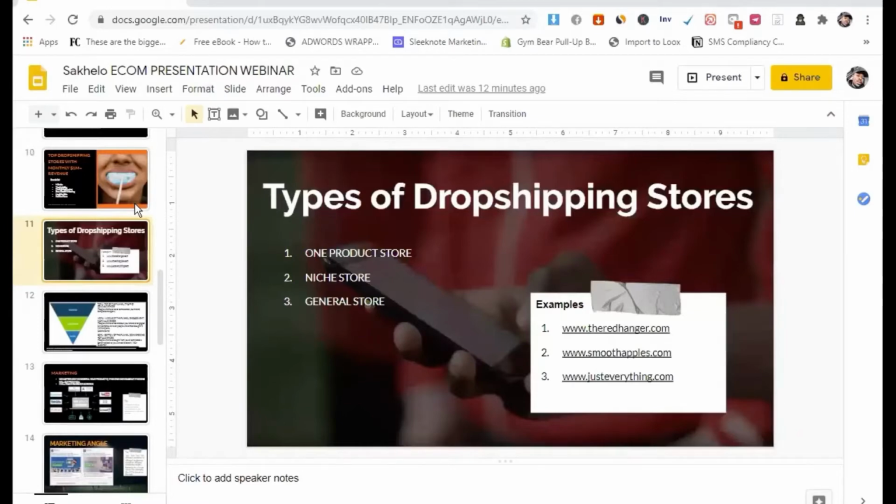Let's say apple knives, apple color powder, apple smoothers, or anything that has a relation to apples. That is a niche store. And then the domain has to be something apples.com, you know. So yeah, just please keep that in mind.